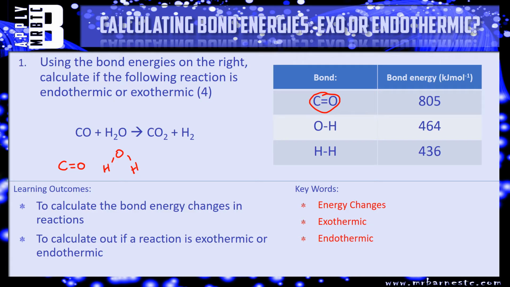So you're going to want two of these, and then over on the right you're going to have a CO2, so that's two oxygens bonded to one carbon, so you're going to need two of these, and then you've got an H2, it's just one of it, so one HH bond. Okay, pause the video and have a go, we'll see how you've done in a minute.